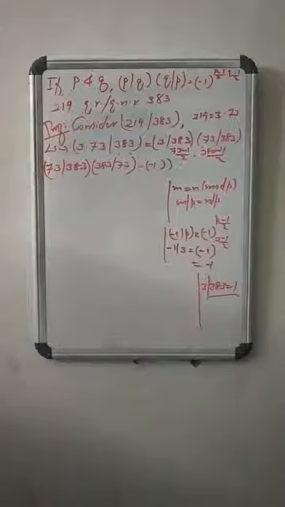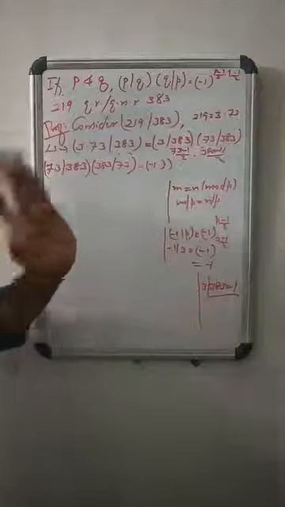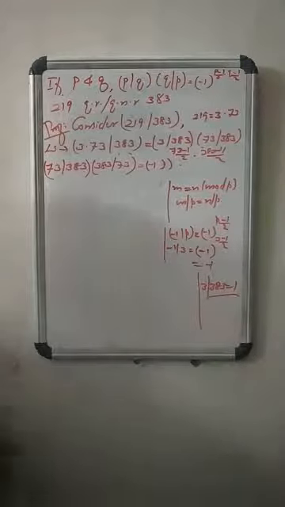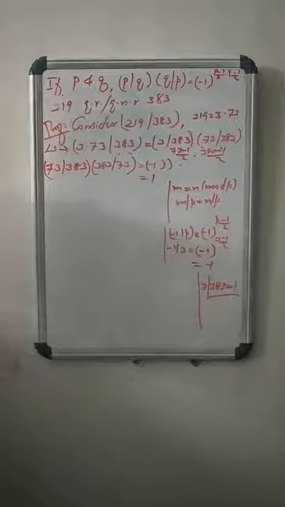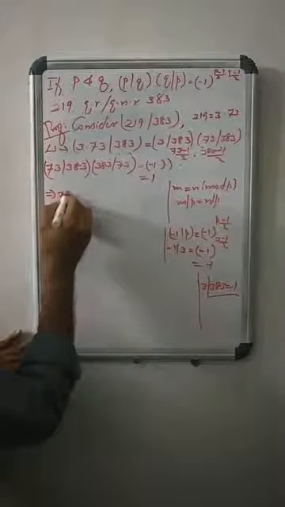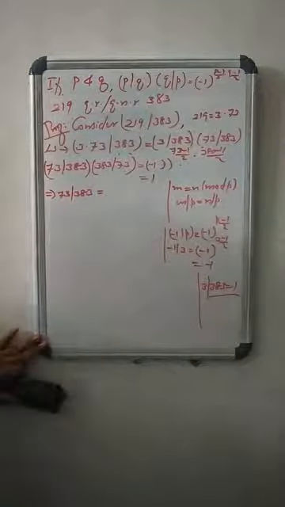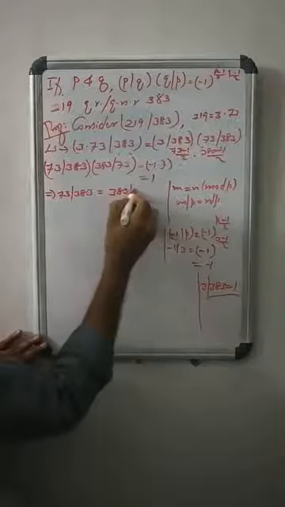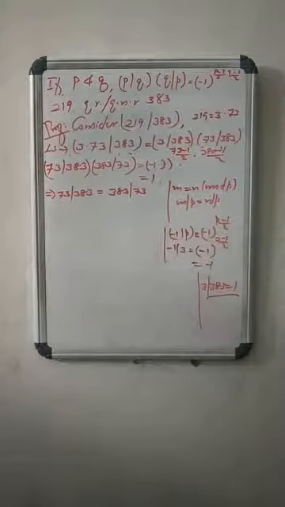That's an even number, so the exponent is even and (-1) to an even power is 1. That means (73/383) = (383/73).